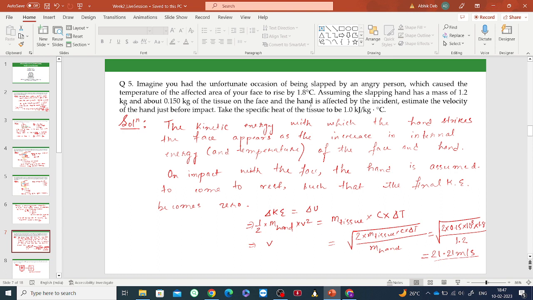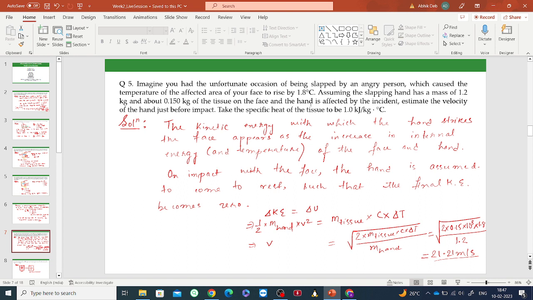If you slap someone, not only the face will have the effect, right? You cannot expect the hand to feel cold, right? Yes, definitely, sir. The combined internal energy of the palm of the hand and the face will increase. That is why we have to take both of these together as a system.